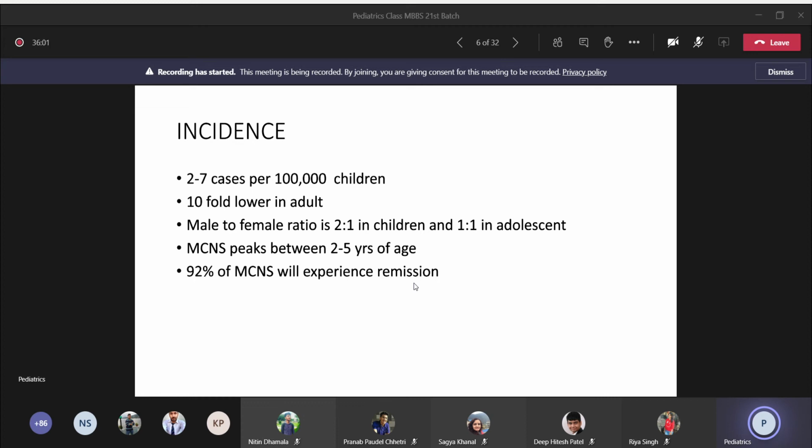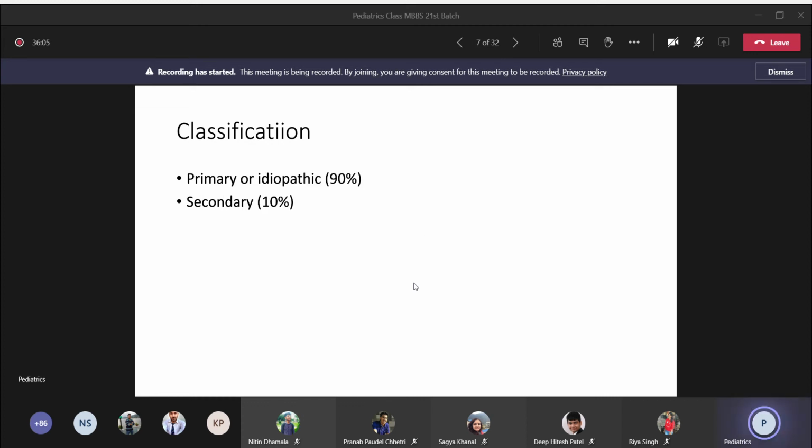Now let us come to how you can classify. The nephrotic syndrome is classified into 2, primary and secondary. Primary means the disease itself is in the glomeruli. Secondary means there might be some secondary causes, means the disease is elsewhere, but the effect is in the glomeruli.